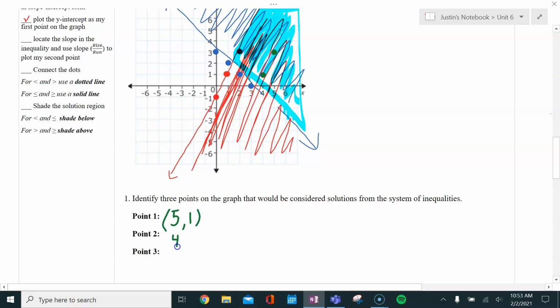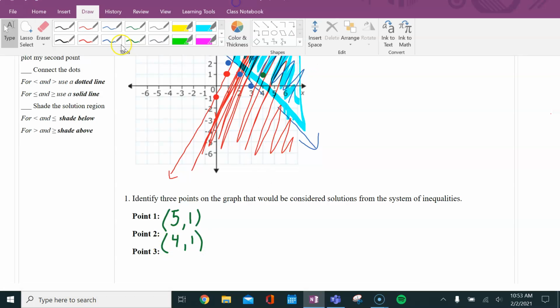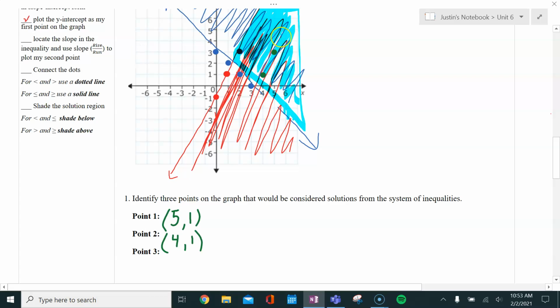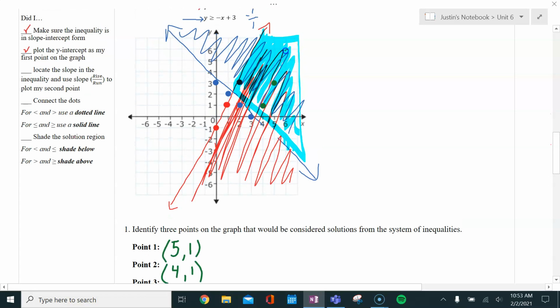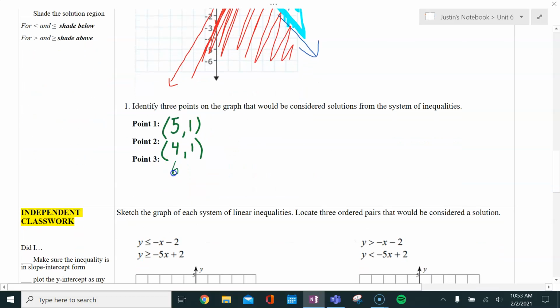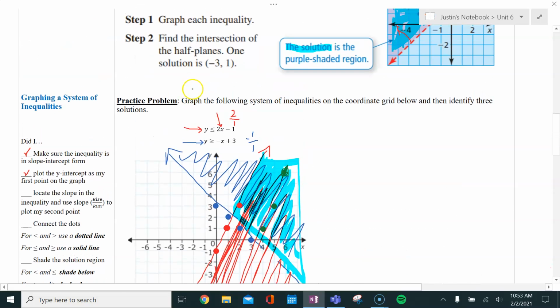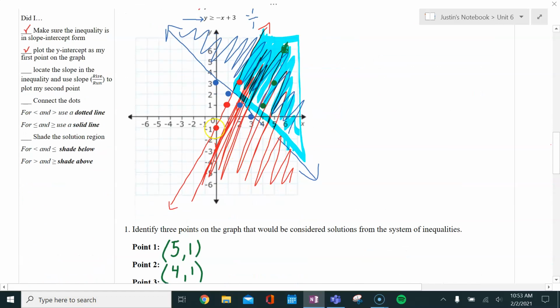Another point could be 6, 6 here at the top. It doesn't matter. And that's how you would find the solutions after graphing.